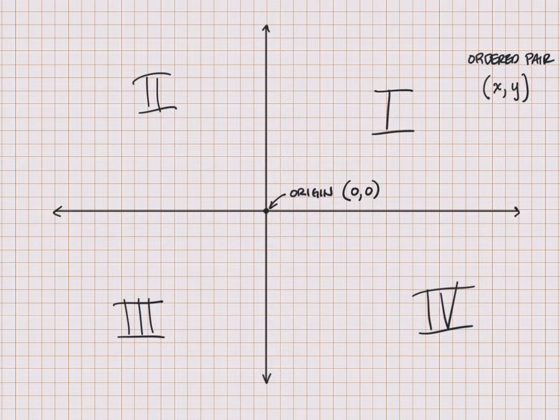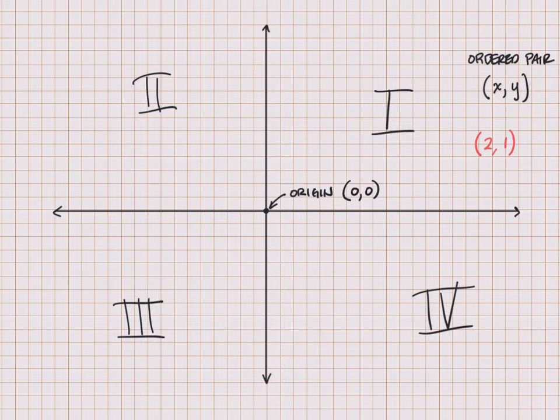Now, let's say we wanted to graph this point, 2, 1. What we would do to graph that is we would start at the origin here, and then we would go over. We're always going to go in the x direction first, which is, this is the positive x direction, this is the negative x direction. Maybe I'll label that real quick.